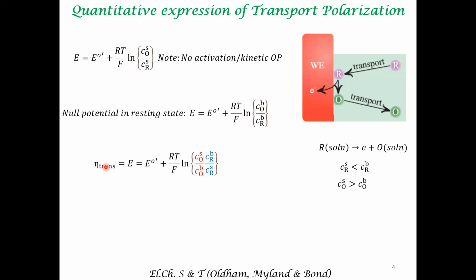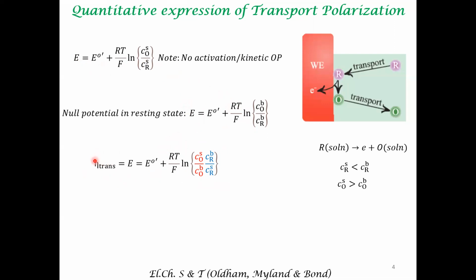Ideally, if there were no over potential, we would be just working with this number. Because that is not possible, we are working with this number. So the difference between these two quantities is determining the transport over potential.